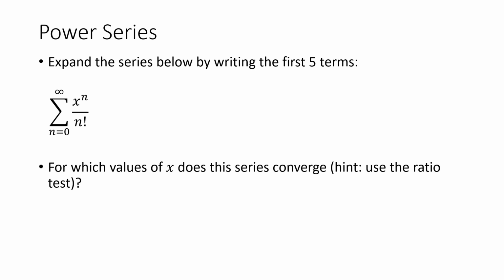So, for this presentation, we're going to be talking about power series, meaning series involving x to the nth power. Beyond that, just about anything can go into power series. So to begin with, let's expand the series, the sum n equals 0 to infinity of x to the n over n factorial.